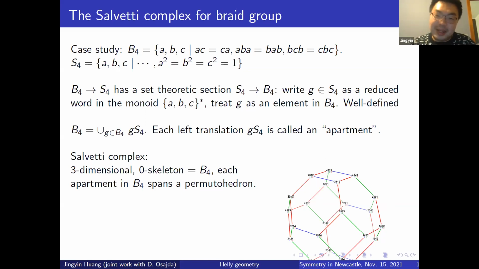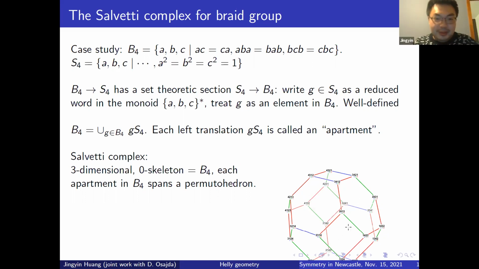I take a generic point, look at its orbit, and take the convex hull of the orbit, and that gives me this 3-dimensional polyhedron called the permutahedron. Basically the 1-skeleton of the permutahedron is going to be the Cayley graph of S4.